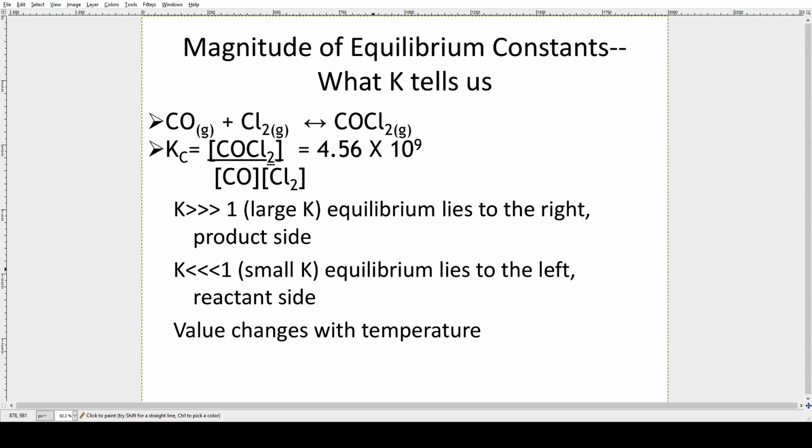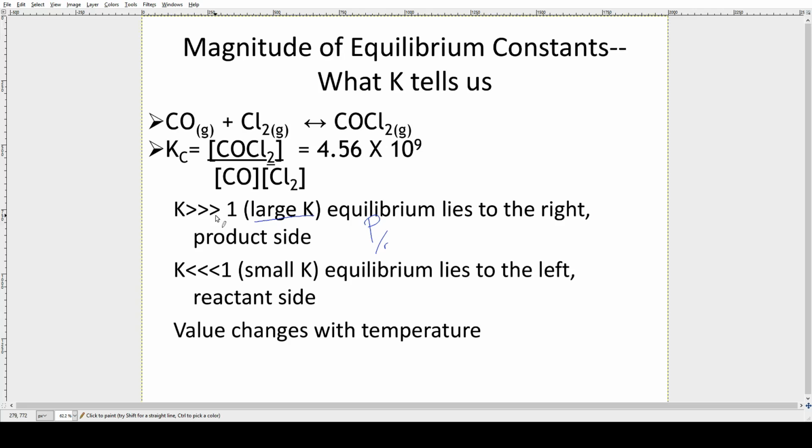All right, last 2 slides, then we're stopping. Magnitude of equilibrium constants and what K tells us. You're going to want to know how the magnitude, the size of the equilibrium constant, affects what's going on. If K is much greater than 1, a large K value, then the equilibrium lies to the right, which means we have lots of products and not very much reactants.